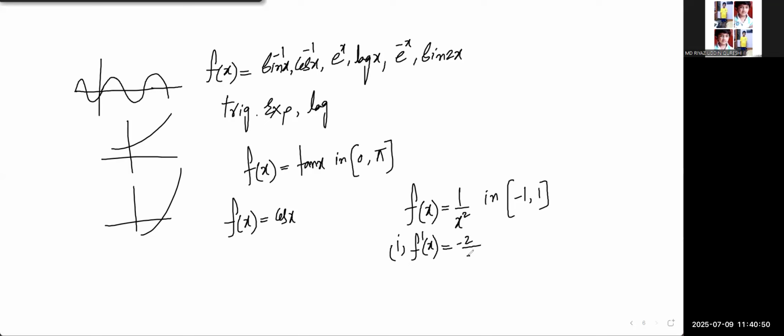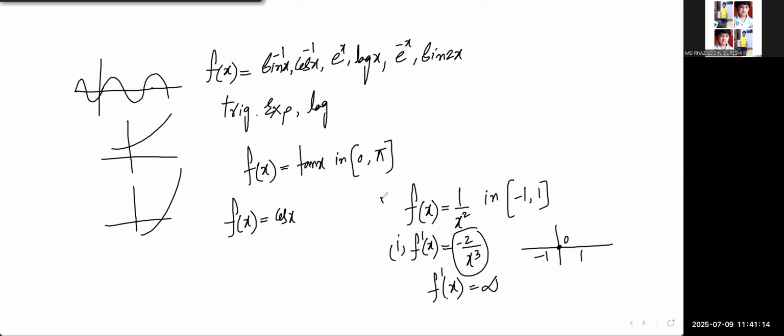But in this interval, minus 1 and plus 1 lie, and if you put the value 0 here, the function is not defined at this point. We are getting infinity. So we say the derivative does not exist, so Rolle's theorem is not applicable.